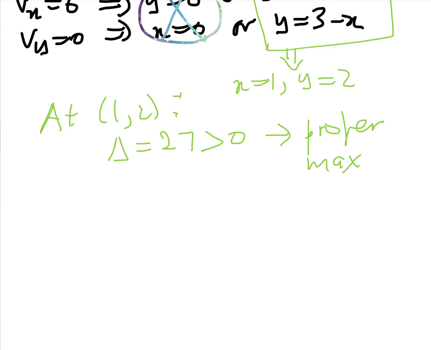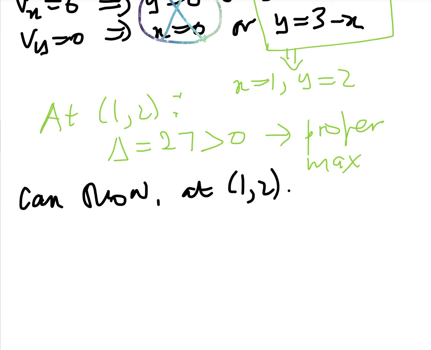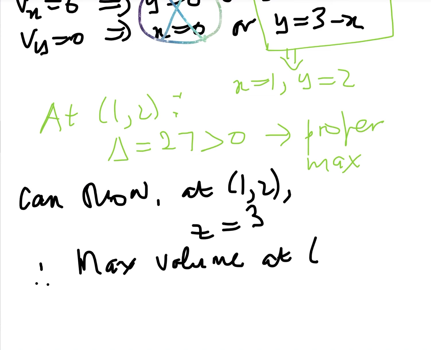Clearly, if you go back to z in terms of x and y, we can show from above that at the point with x equal to 1, y equal to 2, the z coordinate can be shown to be 3. So therefore, the maximum volume is at the point with coordinates 1, 2, 3.